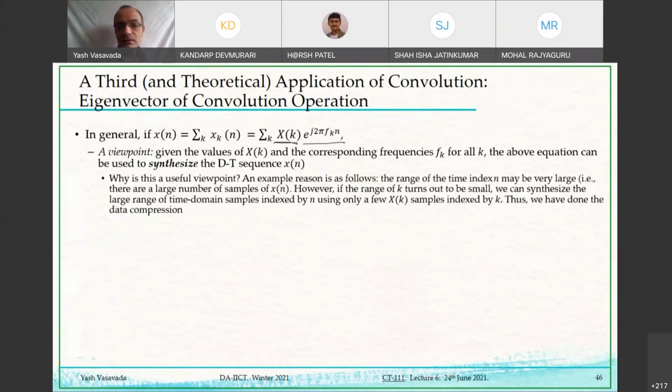If I start thinking of x of n like this, then this type of x of n can be any sequence. This equation will allow me to synthesize any x of n provided I appropriately choose these weighting coefficients.